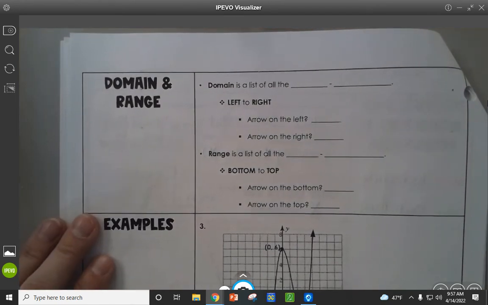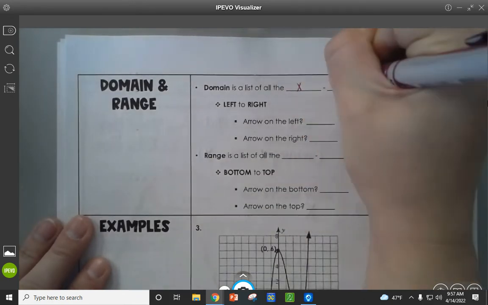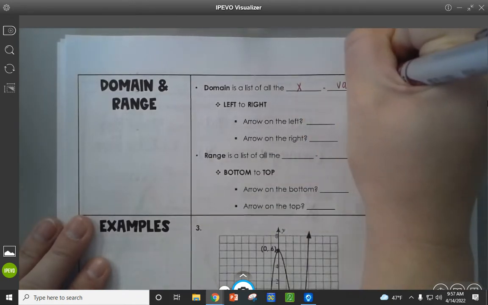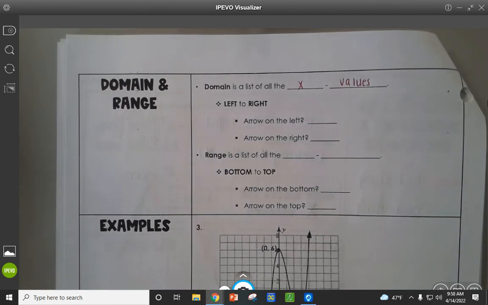Domain is a list of all the x values. But what's different now is we actually have a polynomial that's a continual line, whereas before, I just gave you a table, just a list of points.